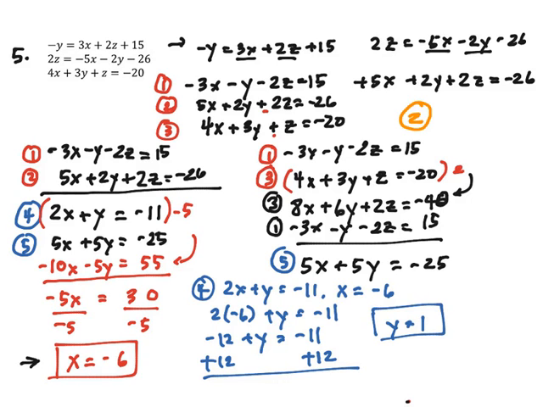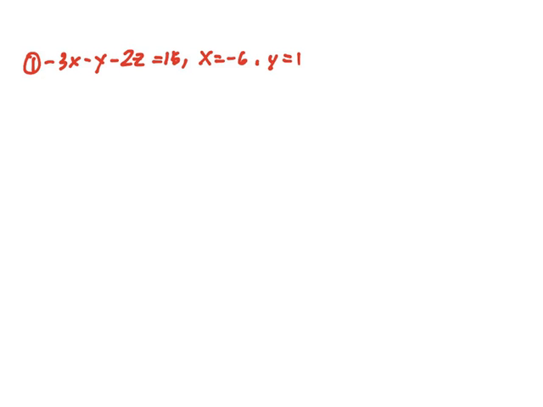Okay, now I've run out of room, so I'm going to move to the next page. Okay, so let's go ahead. I'm going to use equation number 1, and I'm going to substitute. So I have negative 3 times negative 6 minus 1 minus 2z equals 15.